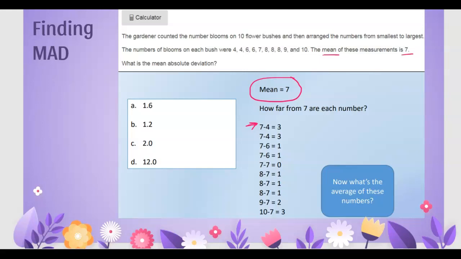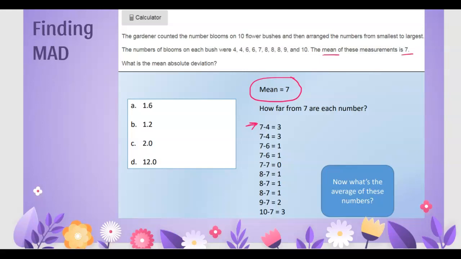We go through all of the numbers in our data set: 4, 4, 6, 6, 7, 8, 8, 8, 9, and 10. So there, we figured out how far away they are from 7.